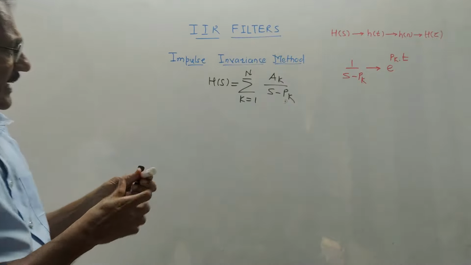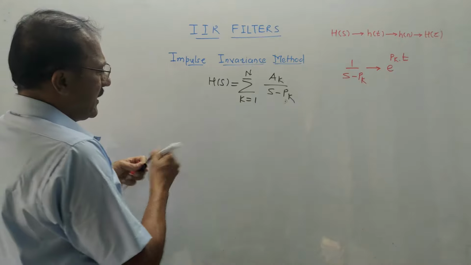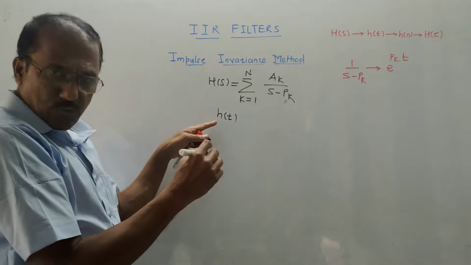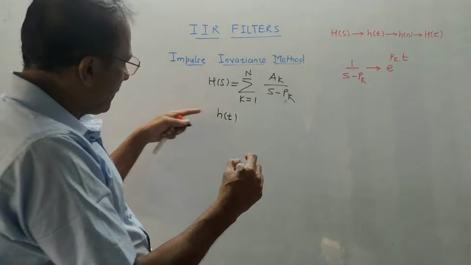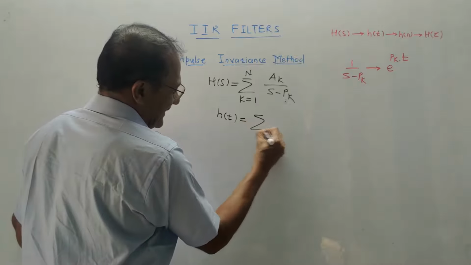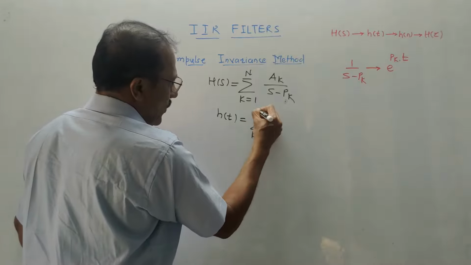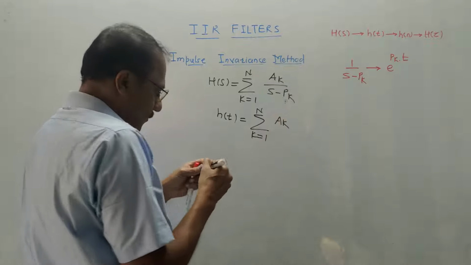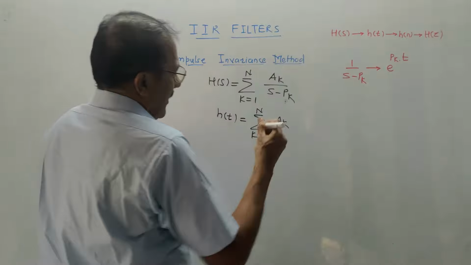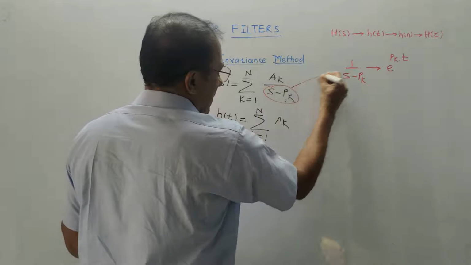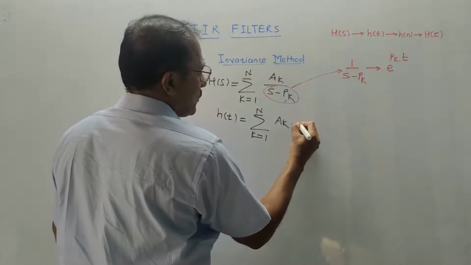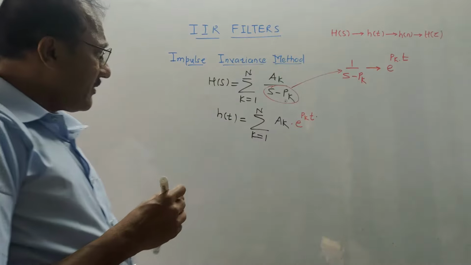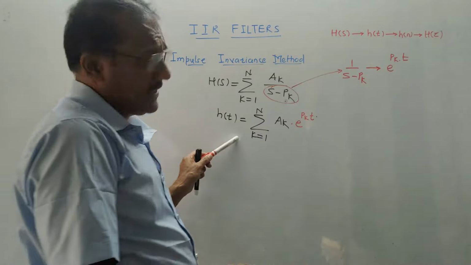So if I take the inverse Laplace of this equation, the inverse Laplace of H of S is H of T. Small notation is used, h of t. Summation remains as it is, k equals 1 to N. a_k is a constant, it remains as it is. For the term 1 upon (s minus p_k), I am using this formula, so it is e raised to p_k t. So this is the equation of h of t.